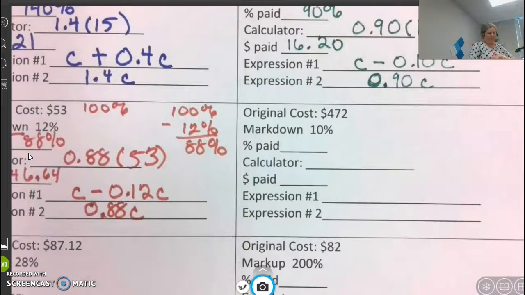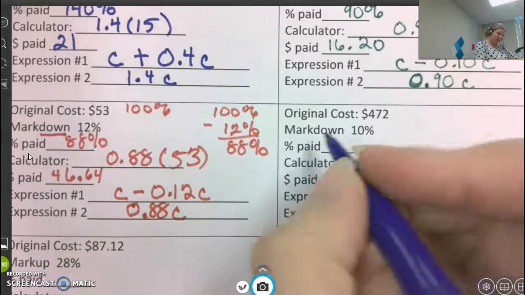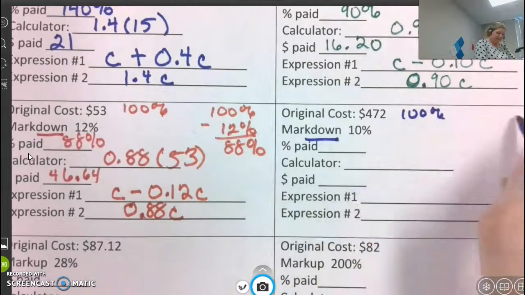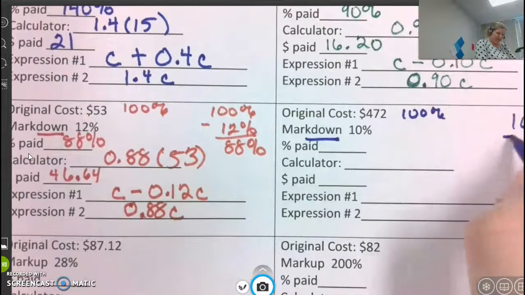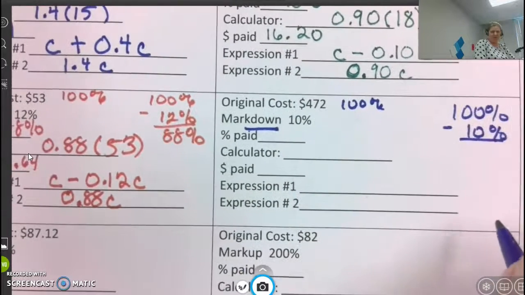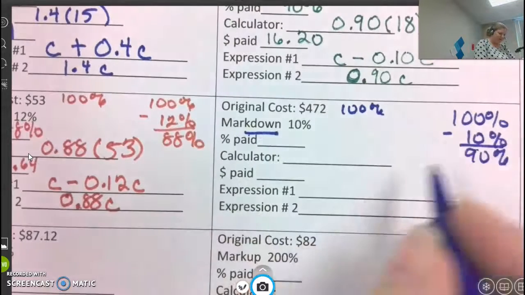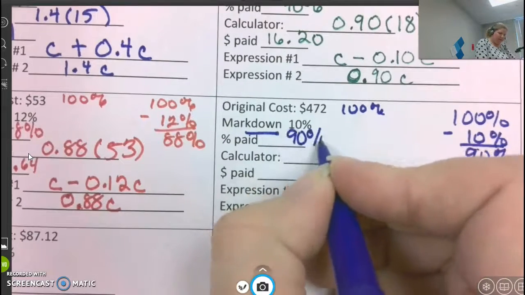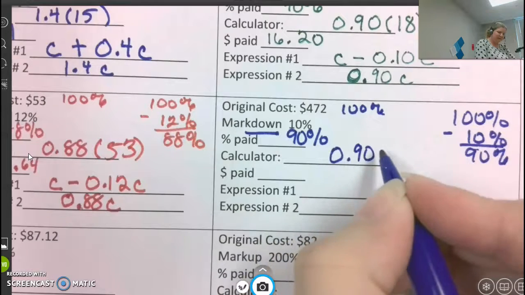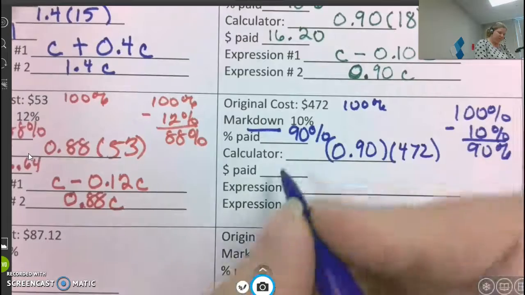Next, we have another markdown. So I'll be subtracting. Now this is 100%. I'll be taking away 10%, which I probably should have done mentally, but never hurts to have a little extra thinking shown. So I'll be paying 90%. The calculator, the best, easiest way, most efficient, is 90% of the original.